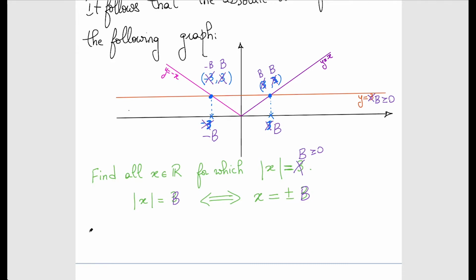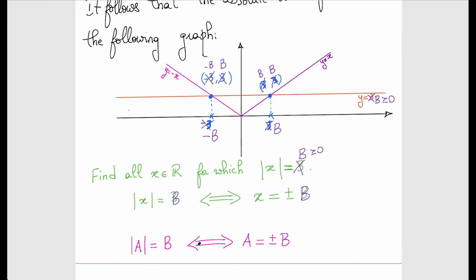Okay? So let me summarize this result. I'm going to write it here. I'm not going to use the name x because it may be confusing in application. Instead of writing x, I'm going to rename it to be capital A. So far we have the absolute value of a is equal to b, where b again is bigger than or equal to 0, that's equivalent to saying that a is plus or minus b.